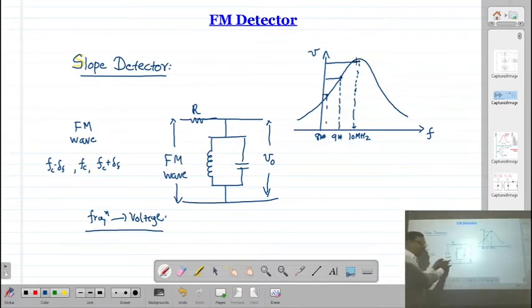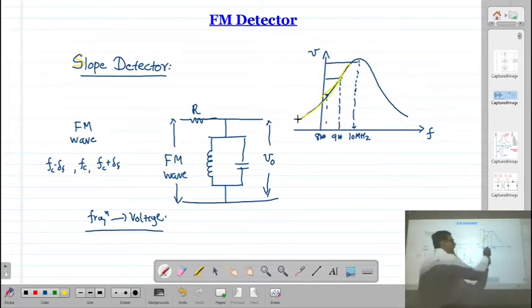So if I apply my FM wave, then according to the resonance curve, it will produce a different voltage. Now in the resonance curve, we are using this part, or you can say this slope of the curve.